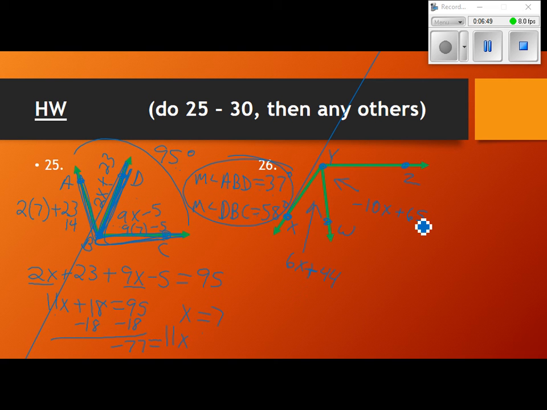They tell us that the whole angle this time is 117, so all the way around here is 117 degrees.